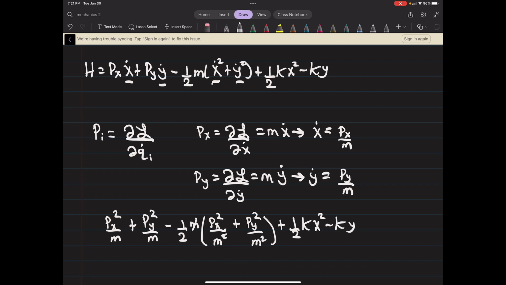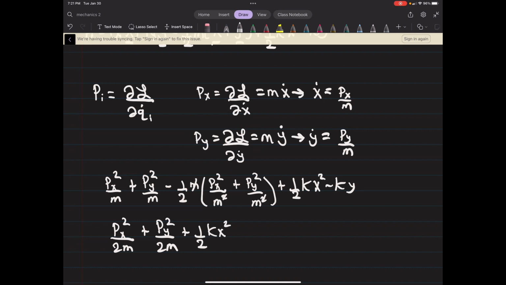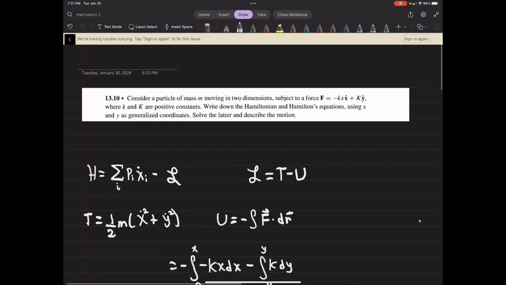So this m will cancel with one of the m's here. And hopefully you can see we'll have px squared over 2m plus py squared over 2m plus 1/2 kx squared minus ky. Okay? So that is our Hamiltonian.